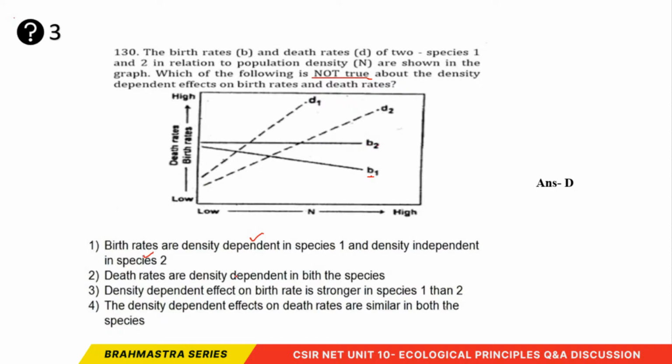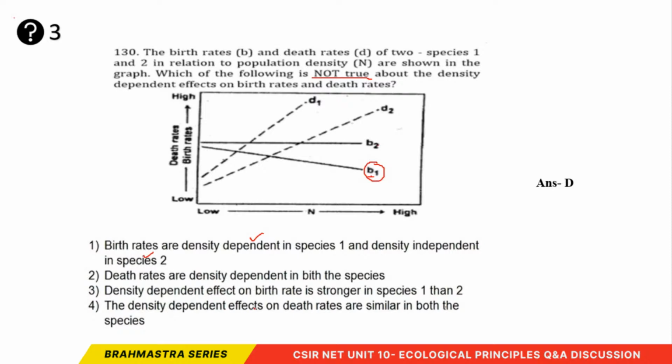The death rates are density dependent in both the species, which is correct. See, the death rate of species 1 and 2 is changing in both the cases. Density dependent effect on birth rate is stronger in species 1 than 2, which is correct. 2 is not influenced by the density.